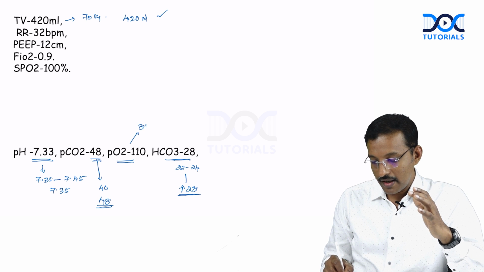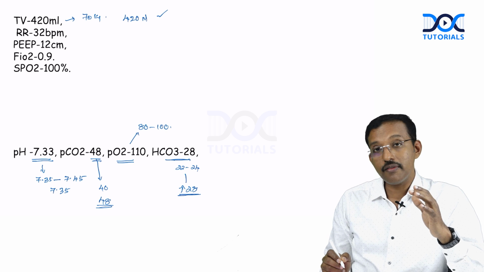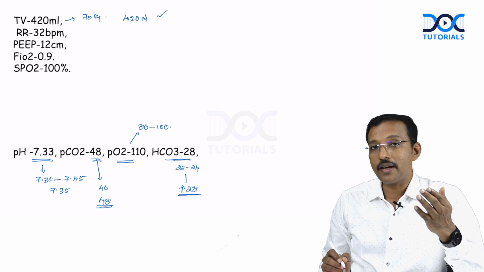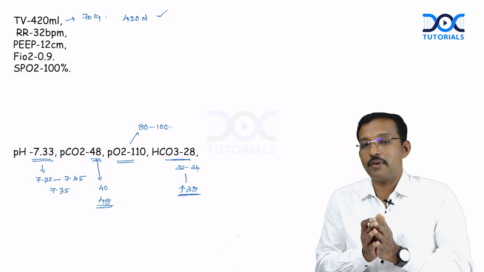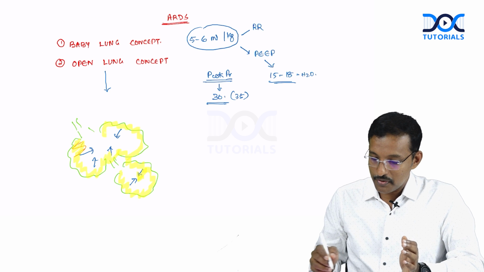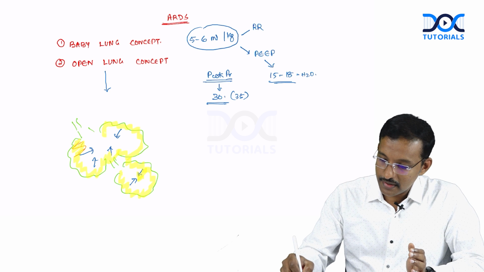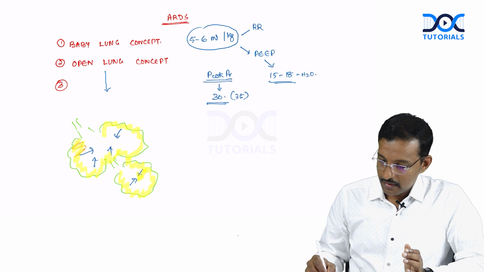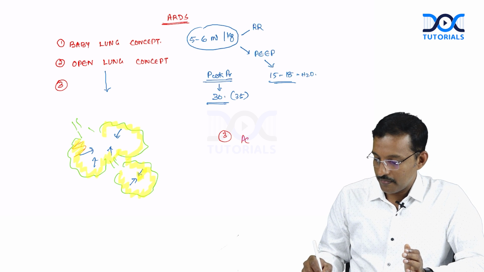What we need is only 80 to 100, and in a case of ARDS, we can tolerate an amount of hypercarbia, which is known as permissive hypercapnia, another concept which you can add to this. The third concept is permissive hypercapnia.